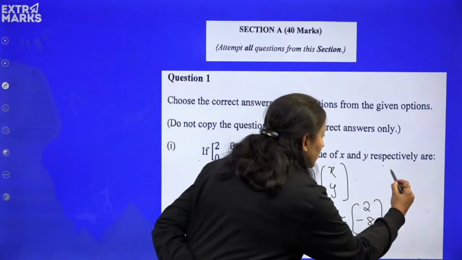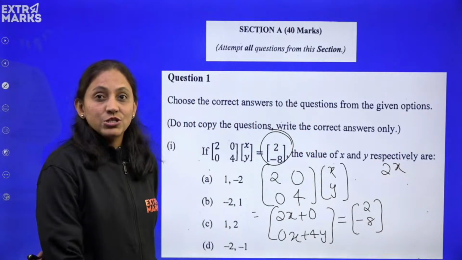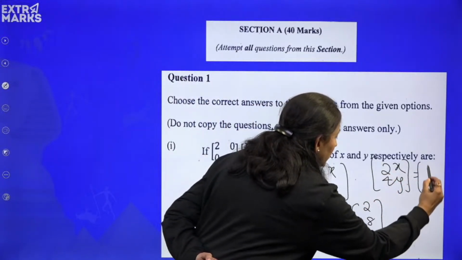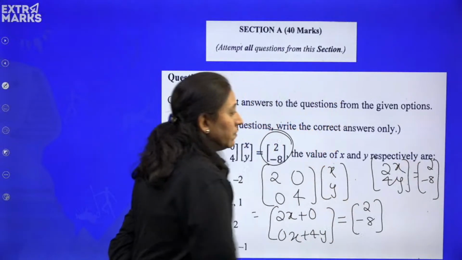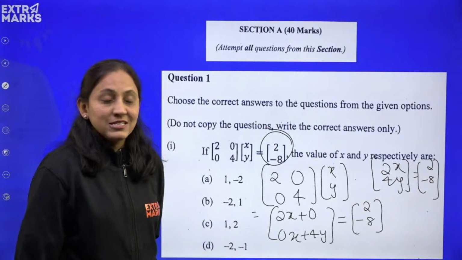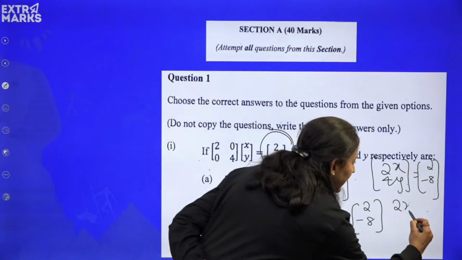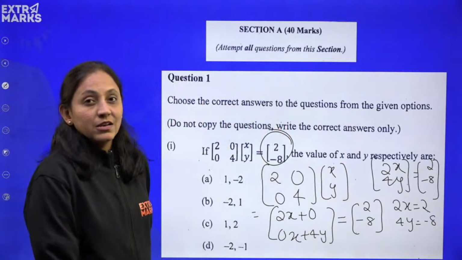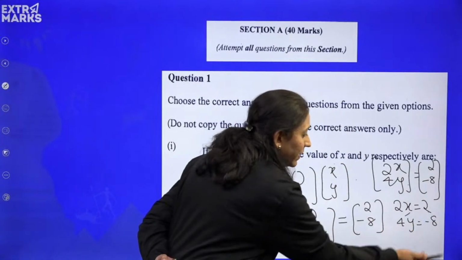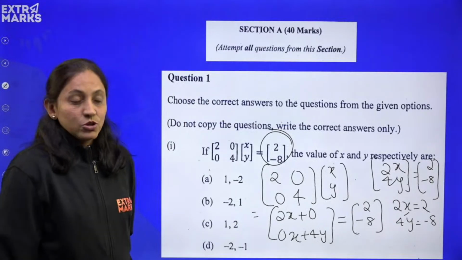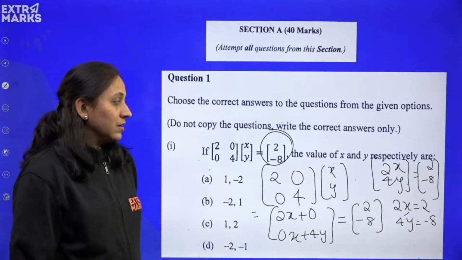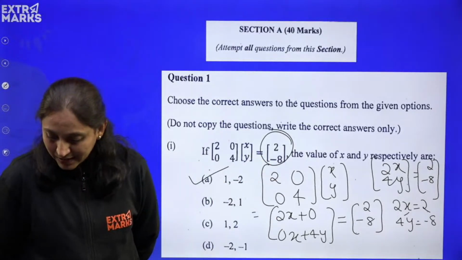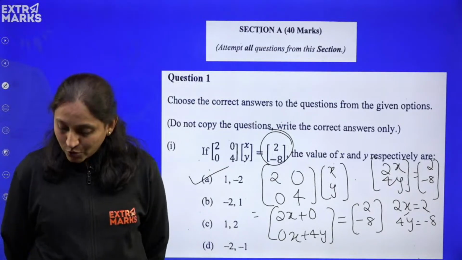So that's 2x, 4y, equal to 2 comma minus 8. When you equate both the LHS and RHS, we get 2x is equal to 2 and 4y equal to minus 8. So the value of x will be 1 and the value of y will be minus 2. So the values of x and y are 1 and minus 2, and the correct option is option A. Let me know how many of you got it right.